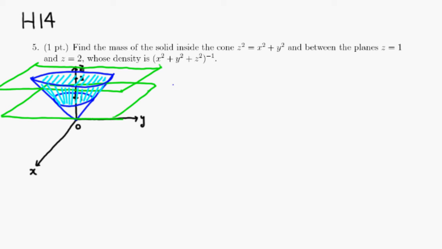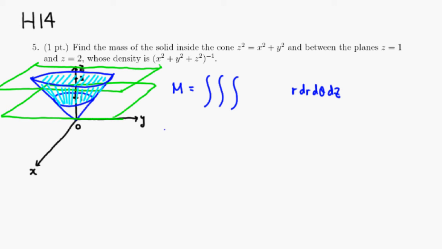So the mass M is equal to a triple integral. The volume element would be r dr d theta dz. Then the density is this guy.